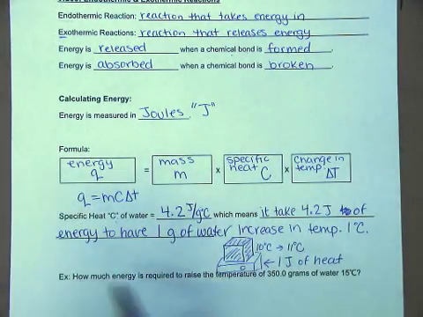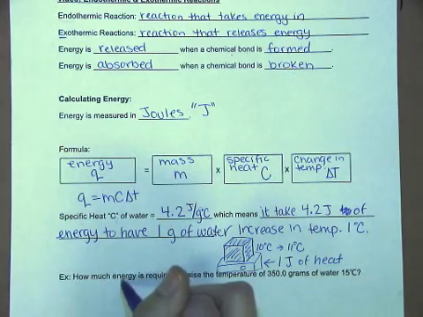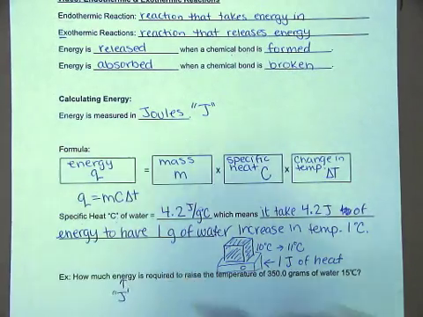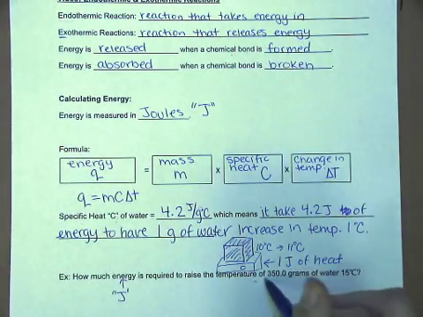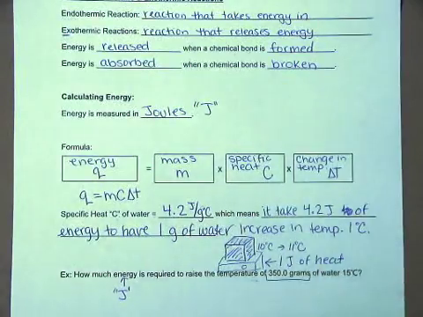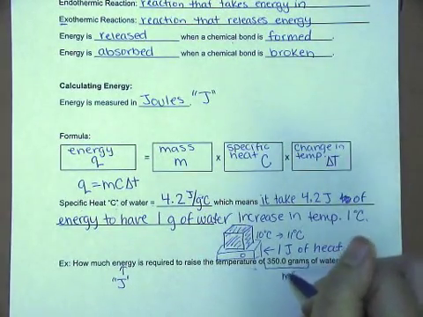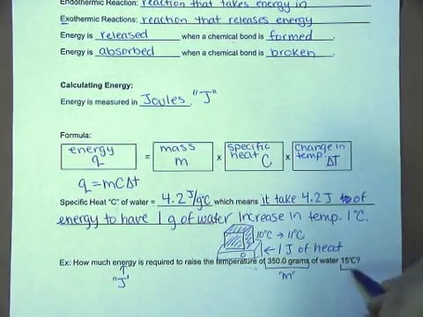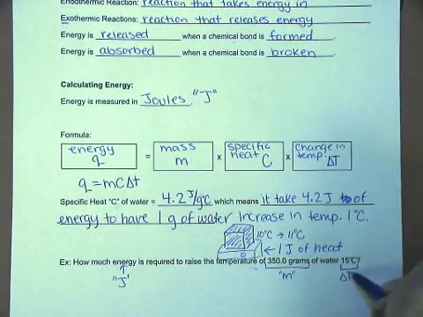In my example problem, I want to know how much energy, that's joules, is required to raise the temperature of 350 grams, that's a mass, of water 15 degrees Celsius. That's my change in temperature.